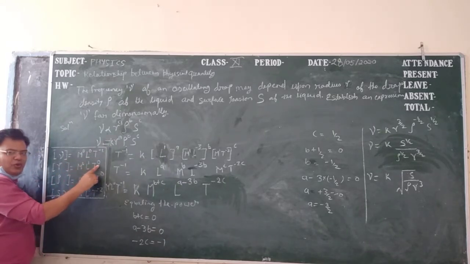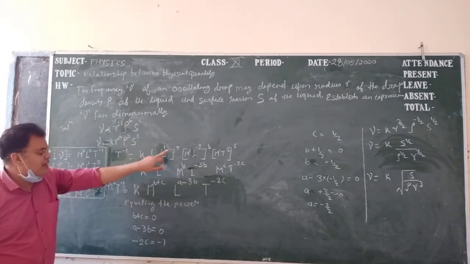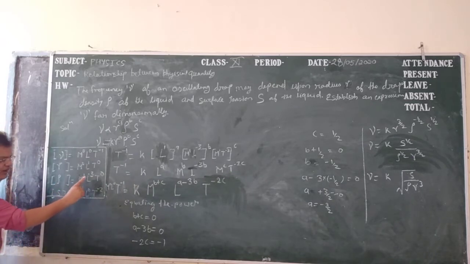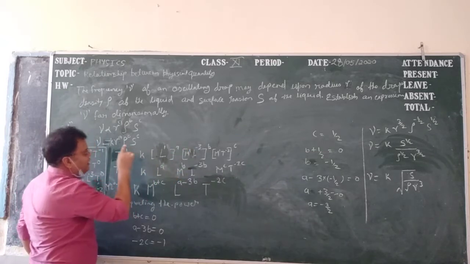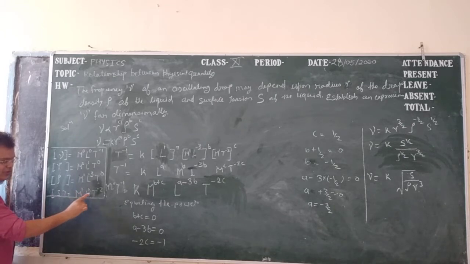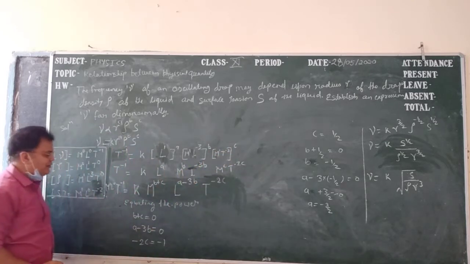Here m0 and t0 are both 0, so simply we can write l to the power a. Density rho is m1 l minus 3 t0, so we write m1 l minus 3 to the power b. Surface tension is m1 l0 t minus 2, so simply we write m1 t minus 2 to the power c.